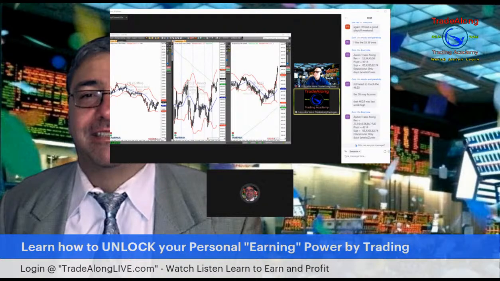All right, you can see here the next level of resistance we have is up at the 56 area. So we had a nice little rotation down against the 45.